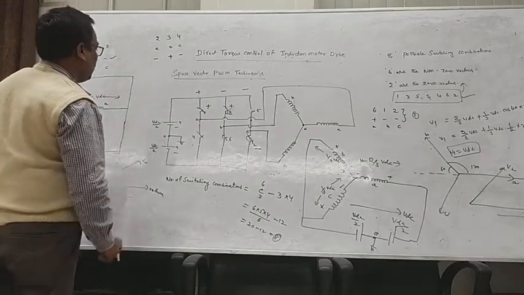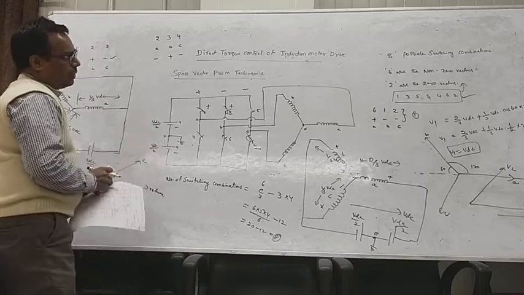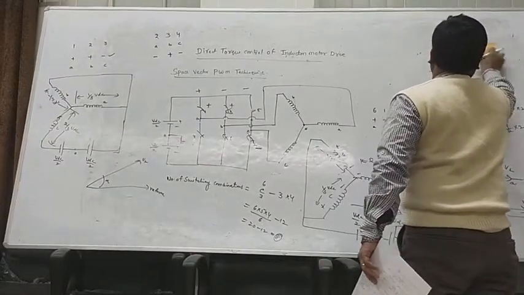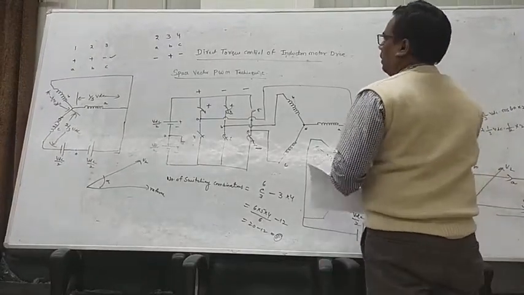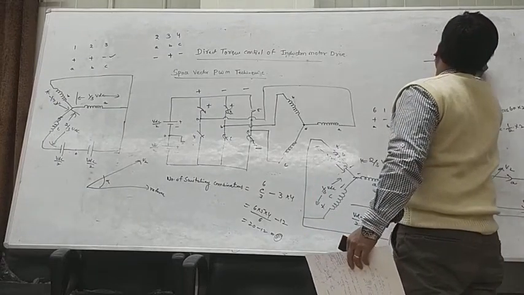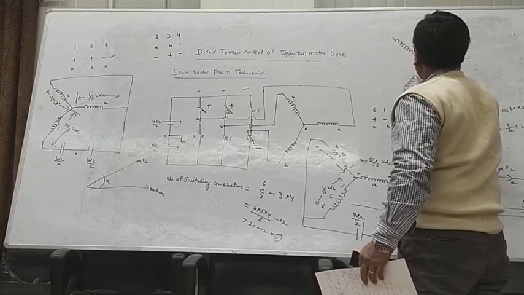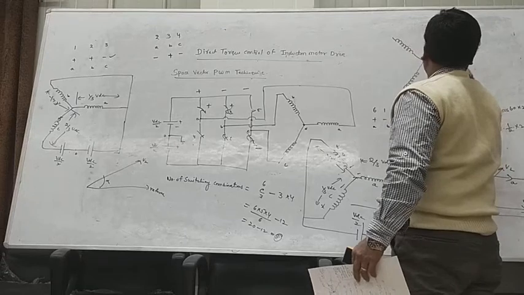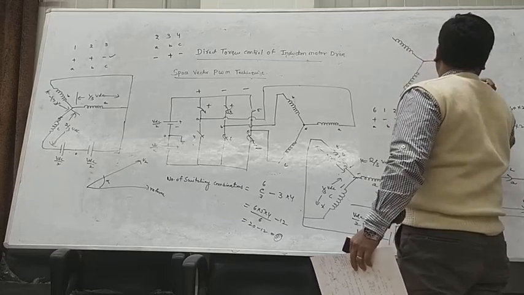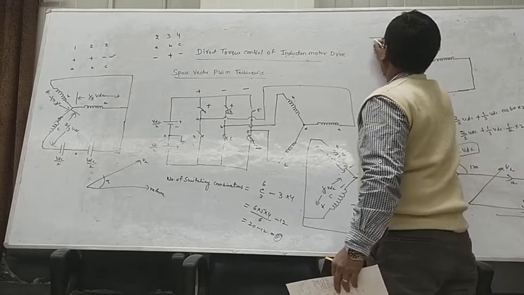So if you draw the resultant diagram, what will happen? A phase, B phase and C phase. A phase and B phase, these two are connected here, and this is again connected to the B phase.